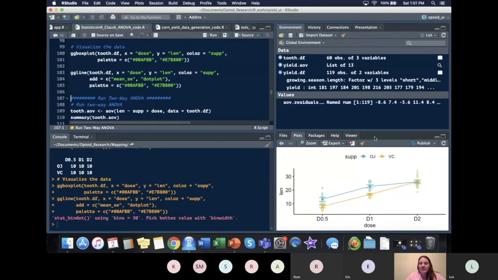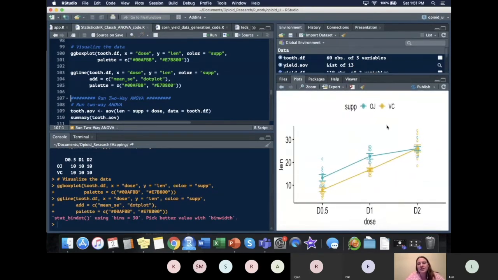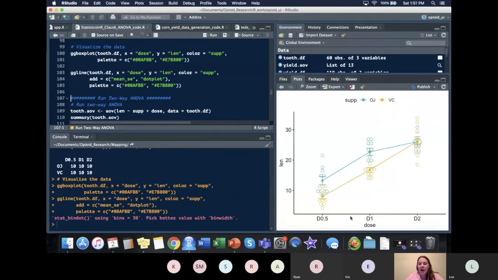So next thing, I thought this was a very interesting thing that they did on the website. Since dose is ordered, when you have an ordered variable, you can make a line graph here, and it gives you some pretty useful information. These are error bars, so that would be the error in our data. And you can see that they're grouped by color and by dose here.